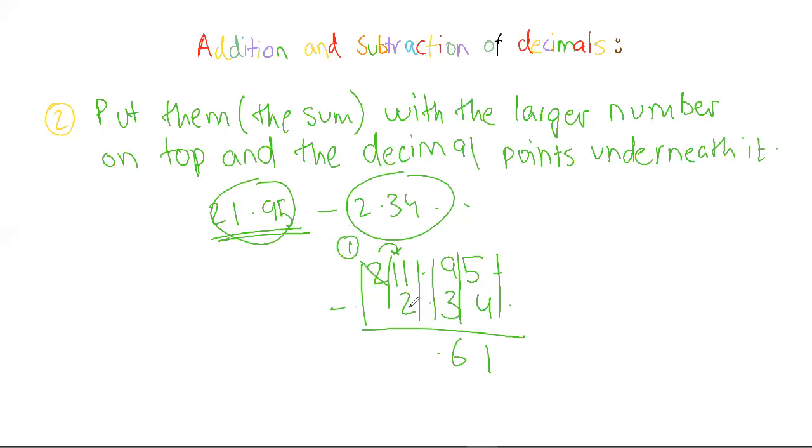So 11 minus 2 is 9, and only this number is remaining, so we'll take this number, and then it will become 19.61. So let's take another example.